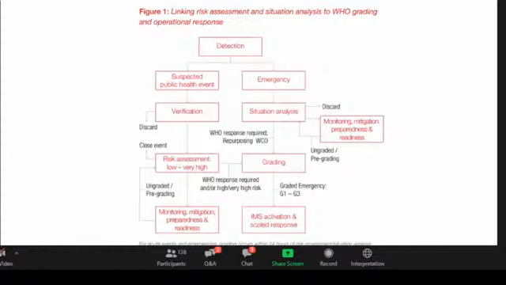So the grading, and then at what level you decide your response level. And this document also provides a very brief description of the WHO response level, the emergency, the event grading level.